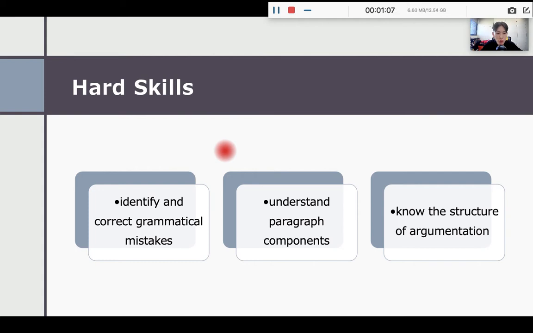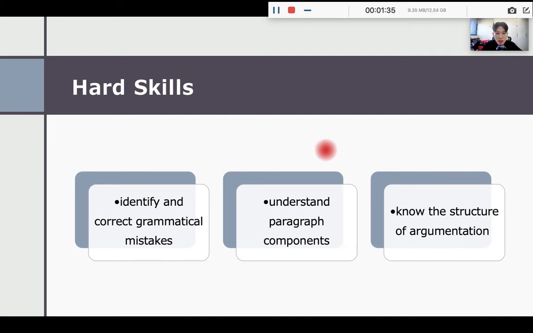And more importantly, when you write your own sentences or essays, are you aware of the grammar rules that you learn and apply them in your own writing? And when you read your writing drafts, are you able to correct the problems?